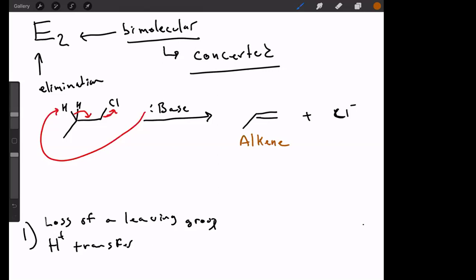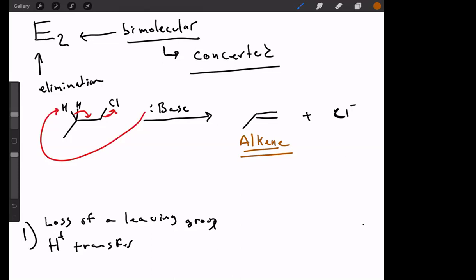The question is asked, is that for all elimination reactions? In other words, do all elimination reactions produce alkenes? And the answer is yeah. Both E1 and E2 reactions have alkenes as their products. The difference is the mechanism by which it does that. In E2, the reaction is concerted, it's bimolecular.